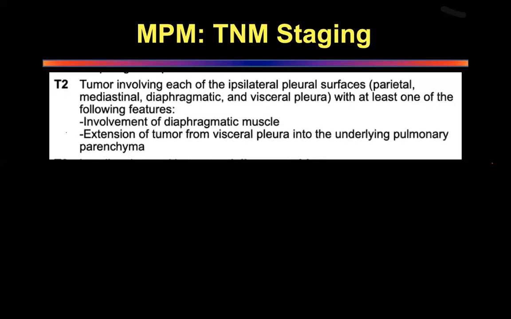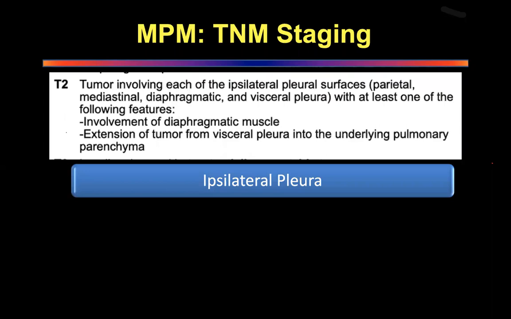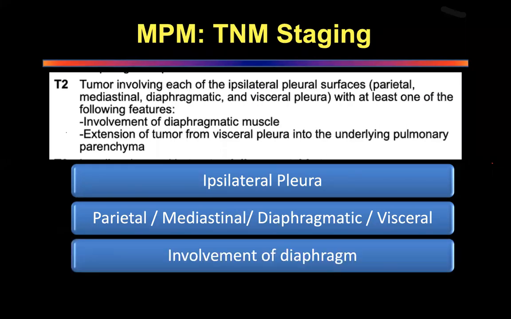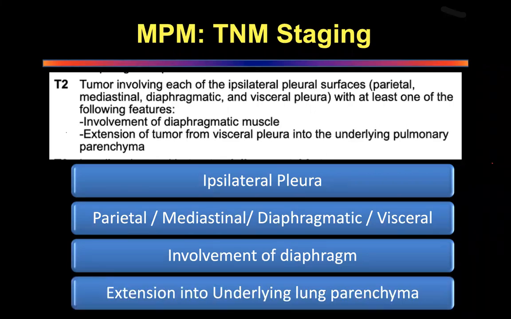If you go beyond that, then it will be ipsilateral pleura, involving either mediastinal, parietal, diaphragmatic, or visceral. But one of these has to be present for it to become T2, and that is, it has to go through the diaphragmatic muscle. There has to be involvement, a subpleural involvement of diaphragmatic muscle or invasion into the underlying lung parenchyma. Did you understand that? Did this make sense?